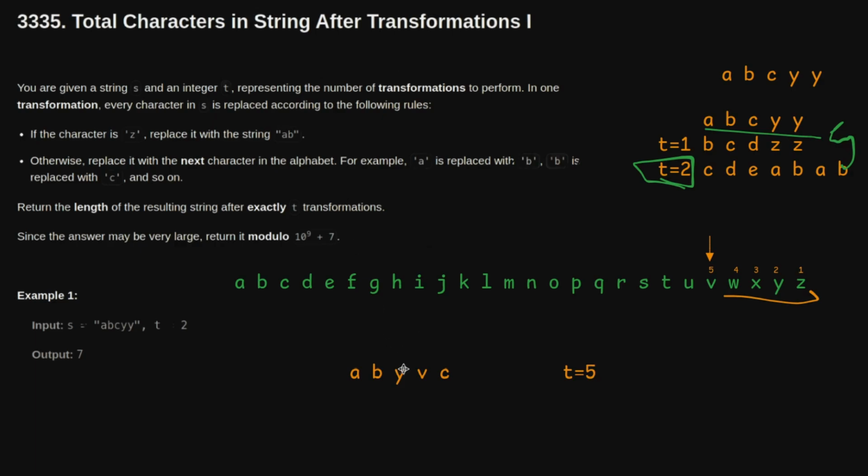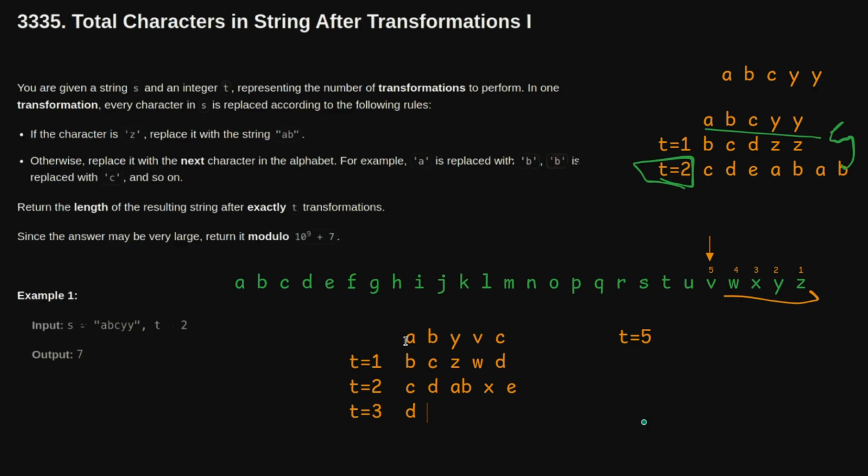Let me check this. Okay, now for T is equal to 1, A is converted to B, B is converted to C, Y is converted to Z, V is converted to W, C is converted to D, right? Next, T is equal to 2. B is converted to C, C is converted to D, D is converted to E, Z is converted to AB, W is converted to X. Now T is equal to 3.